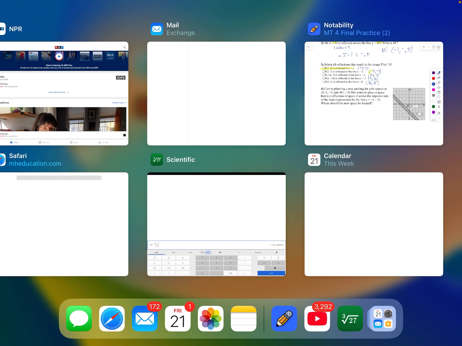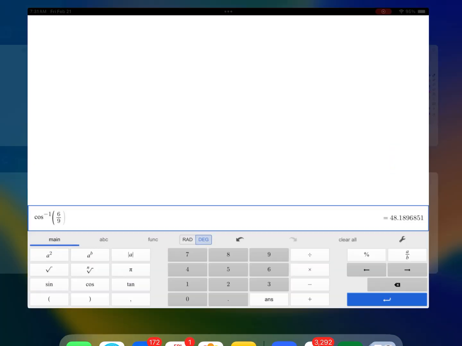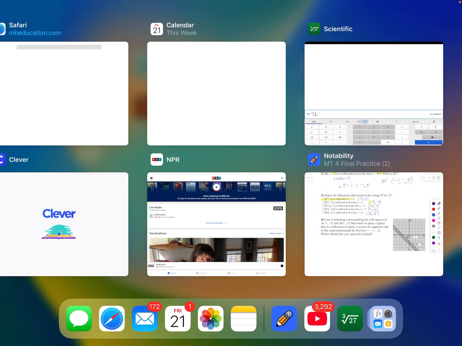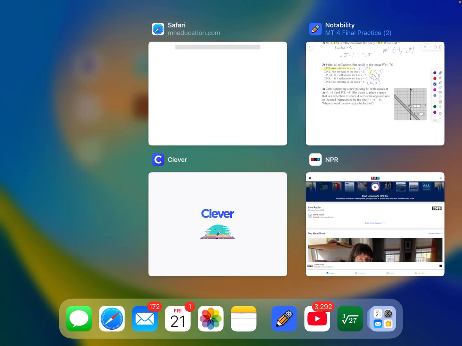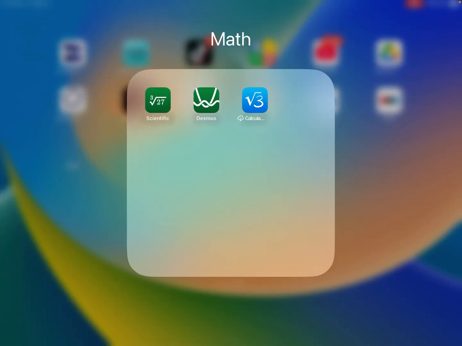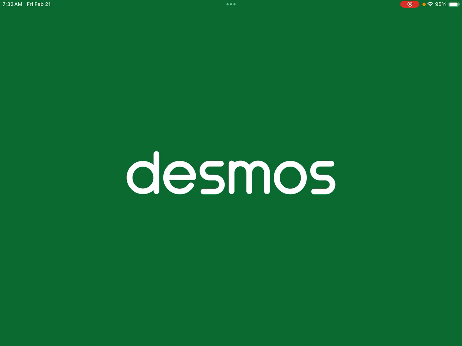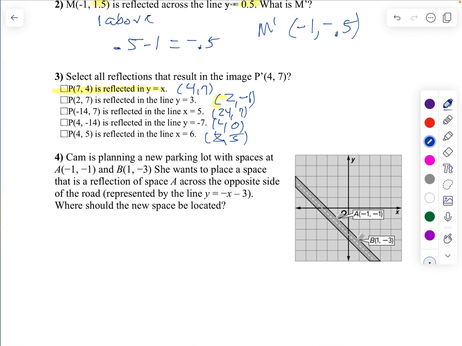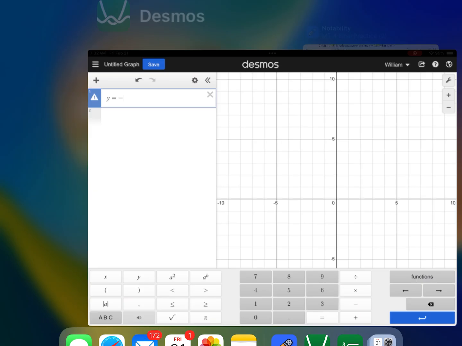So if we graph, let's get Desmos up here. And, nope, I want the graphing one. So we got a bunch of other stuff open here. Let me get rid of this. Okay. So if we do y equals, we said -x minus 3.